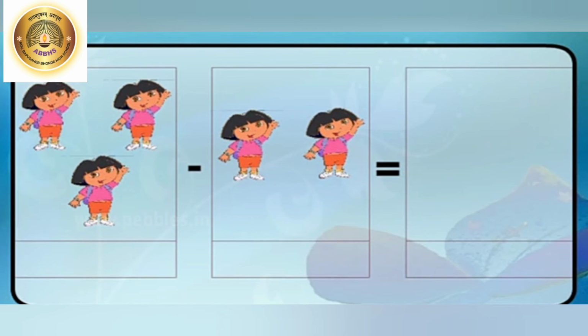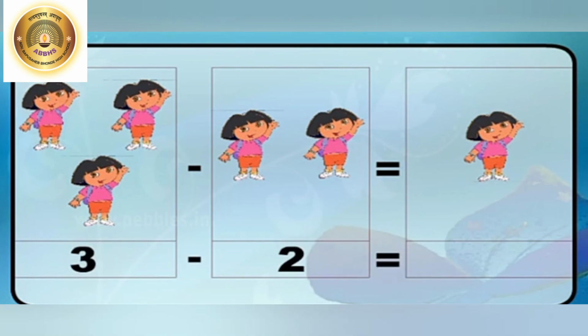Now see the next example. There are 3 girls going to school. 2 went. How many are left? Yes, 1 is left. We will write it as 3 minus 2 is equal to 1.